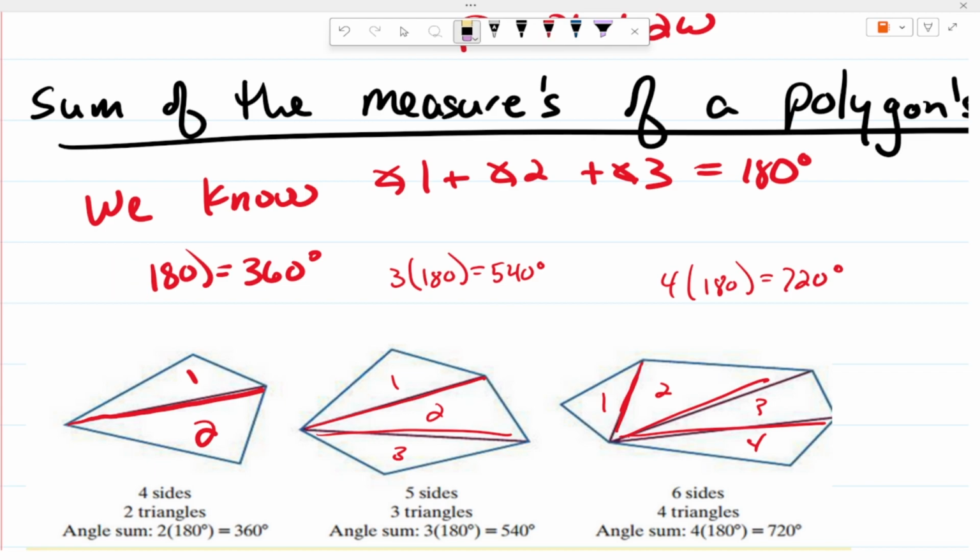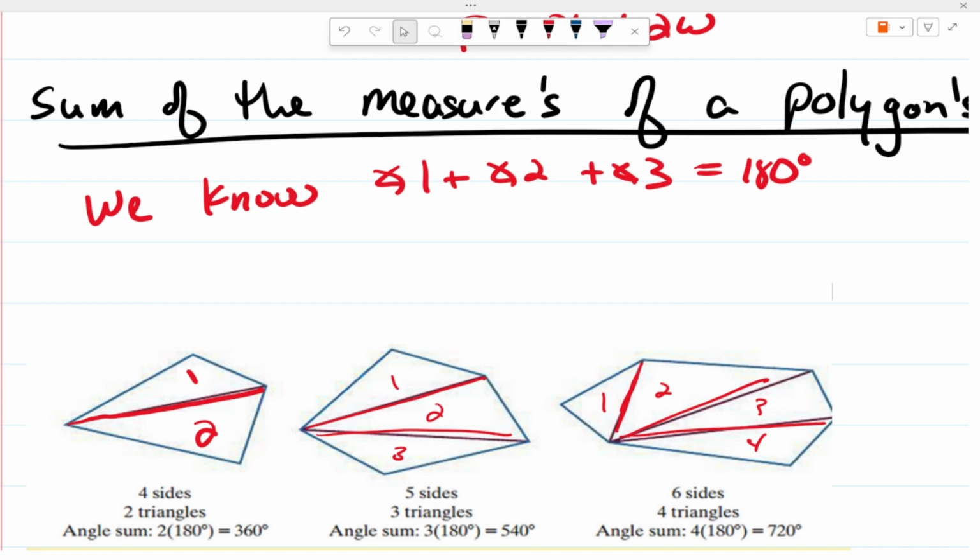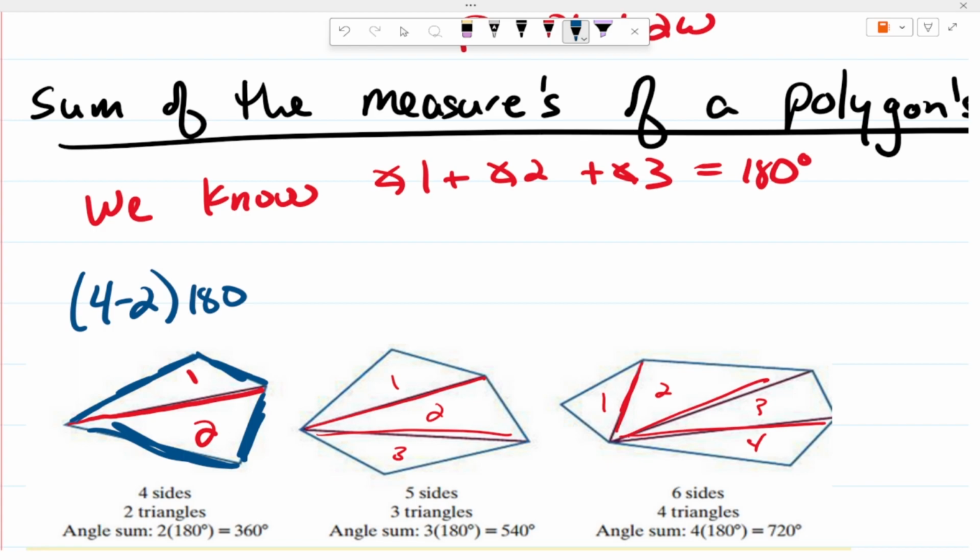So I'm going to erase everything up top. Because when we look at the very first shape, notice we have 2 triangles, right? But we have 1, 2, 3, 4 sides. So 4 minus 2 times 180.